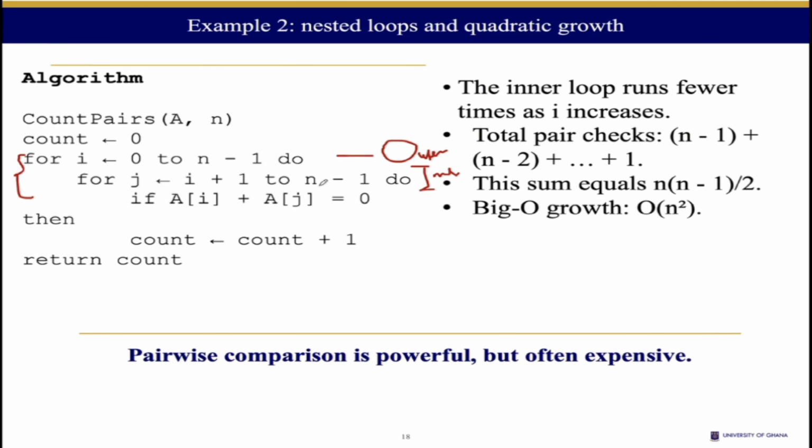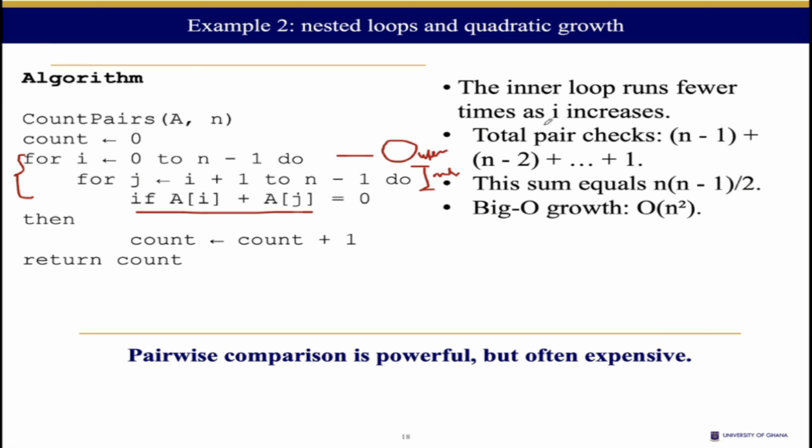Then it also moves to n minus 1. Then we check if a of i plus a of j is equal to 0, then we add 1 to count and return count. That's all we are doing.